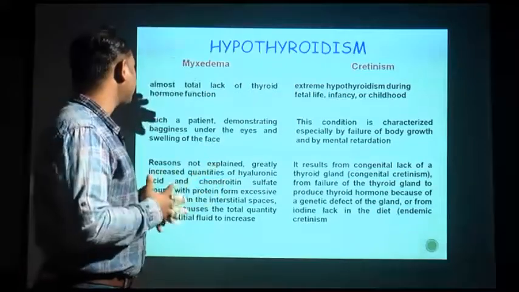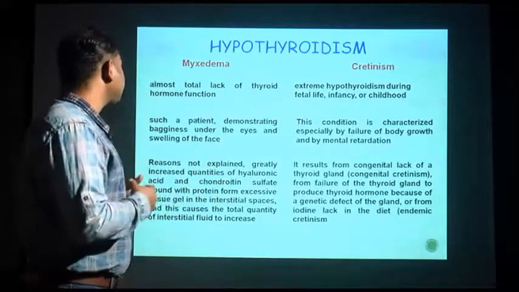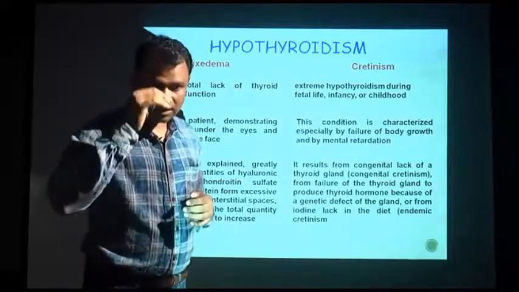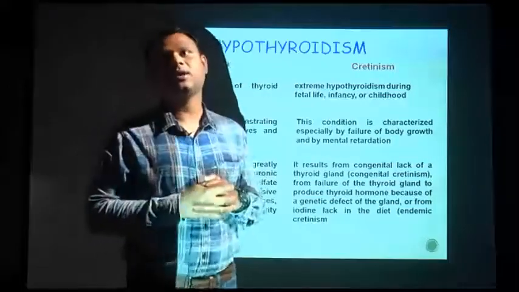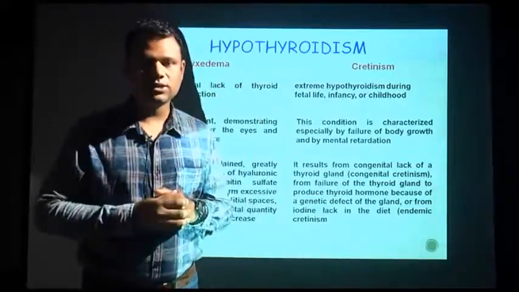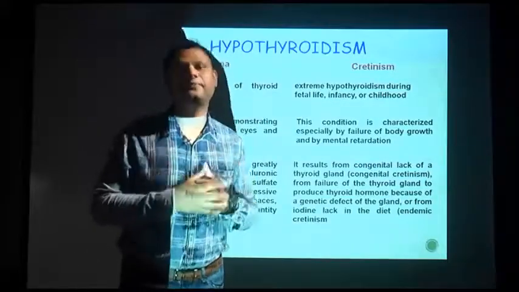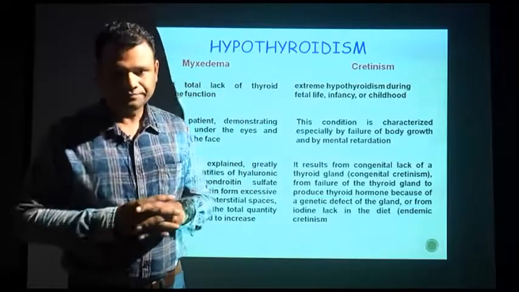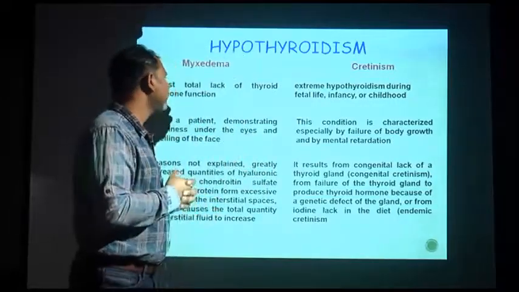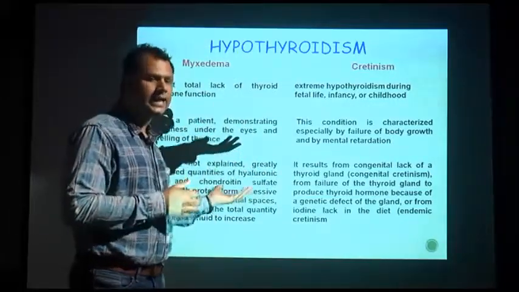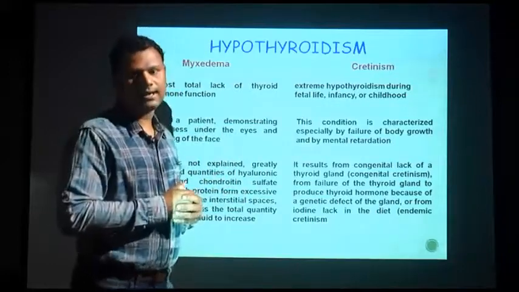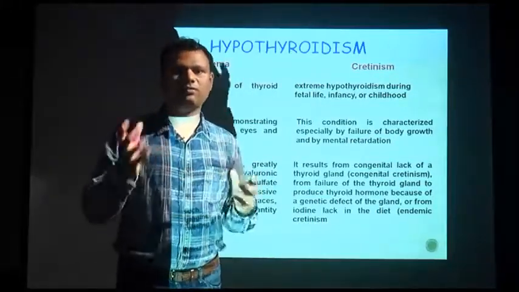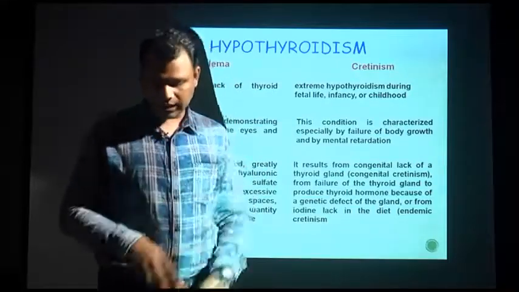You can only say that greatly increased quantities of hyaluronic acid in the interstitial region lead to accumulation of interstitial fluids, which can lead to its puffy or baggy appearance. In case of cretinism, it results from congenital lack of the thyroid gland. From birth, a portion of the thyroid gland is absent or non-functional, and that can lead to cretinism.